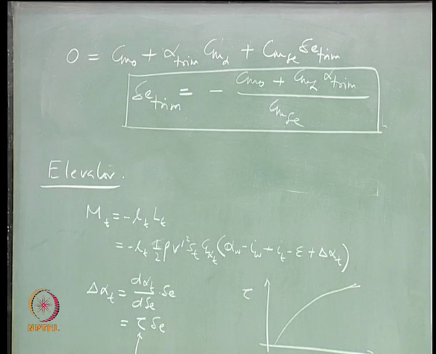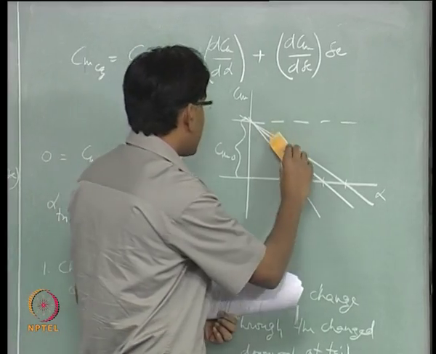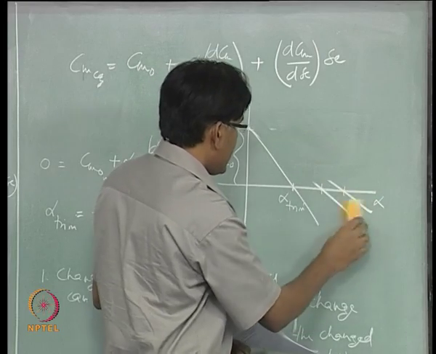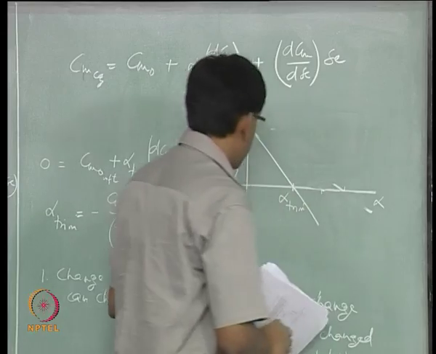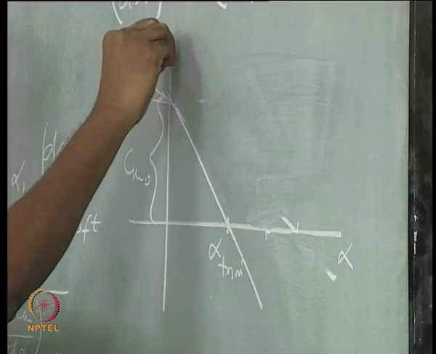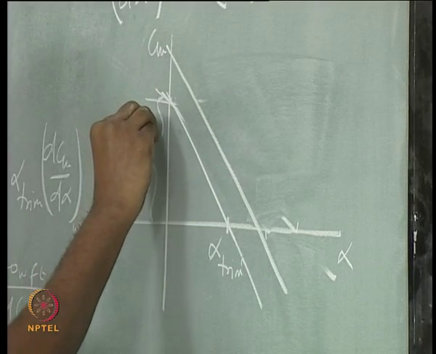So, clearly it is going to change the trim, but not the stability, because this part is only going to add to Cm naught. So, if you want to draw a corresponding Cm alpha curve, you will see this.